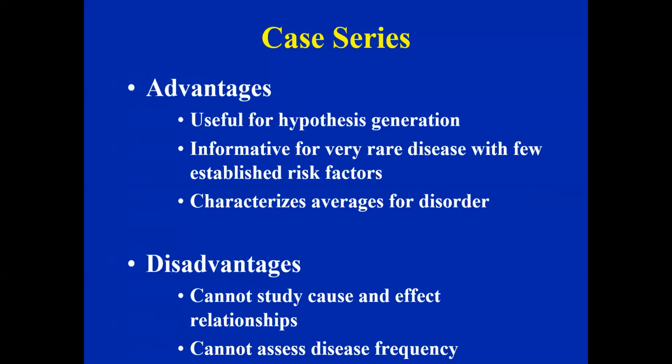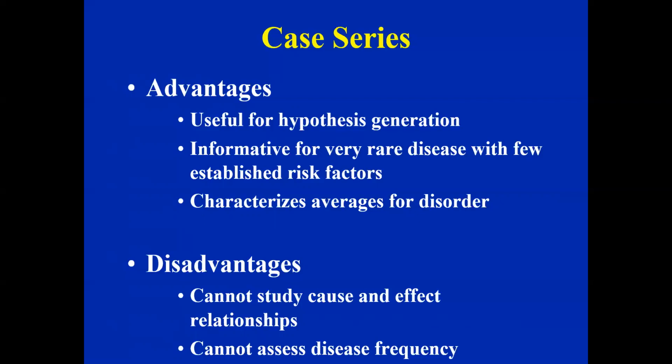Remember, you are not really assessing the relationship between exposure and outcome. Because of that, you cannot study the cause and effect relationship. Studying these two is important for you to understand causality. Because you're just studying a few cases, it's impossible to understand causality.